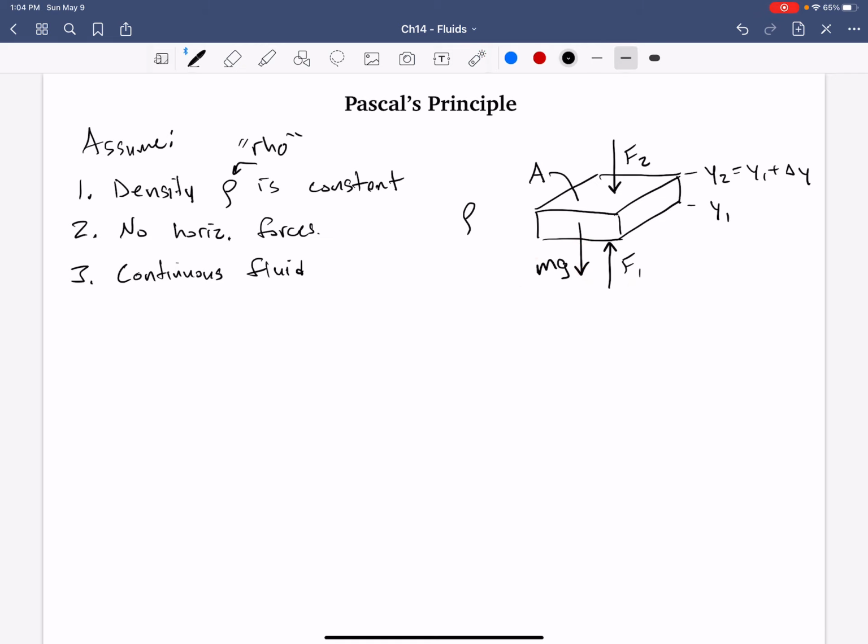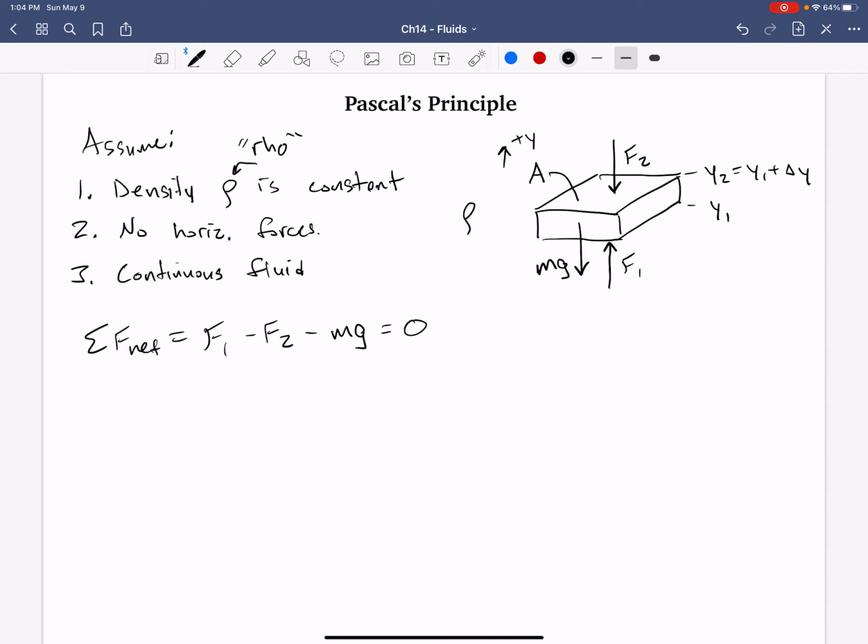So let's write out a second law equation for this free body diagram. Let's call up as plus y. And so we have F1 minus F2 minus the weight of this volume, and that's all 0. And that's another key.